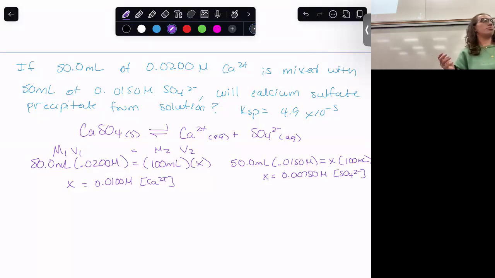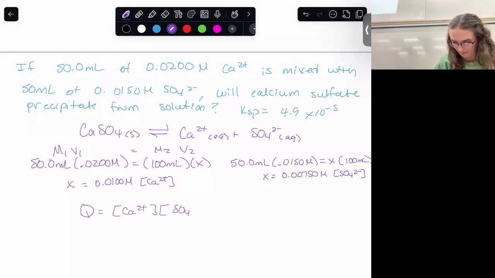How do we check to know if a precipitate is going to form? Right, we compare Q and K. How do we set up Q? That's just our calcium ion concentration times the concentration of our sulfate ion.